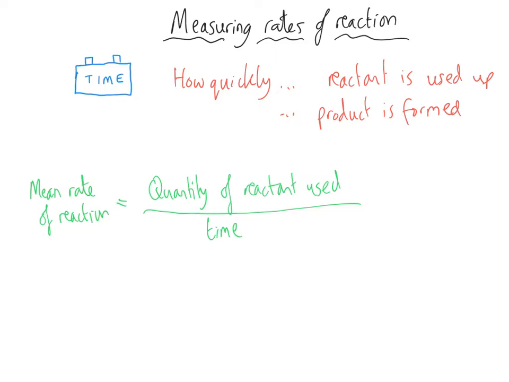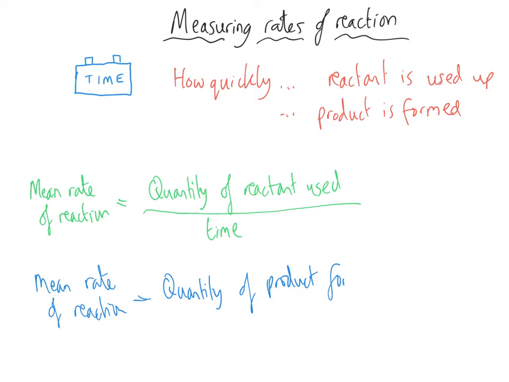Alternatively, but really, really similarly, we could take our calculation for the mean rate of reaction by doing not the quantity of reactant used, but the quantity of product formed. And again, we would divide that quantity of product formed by time.